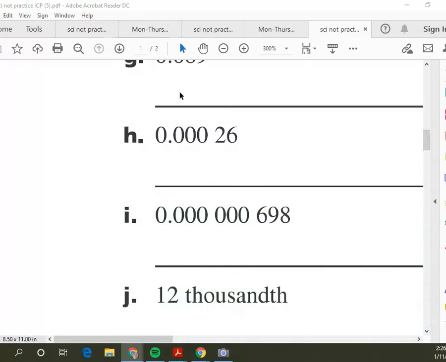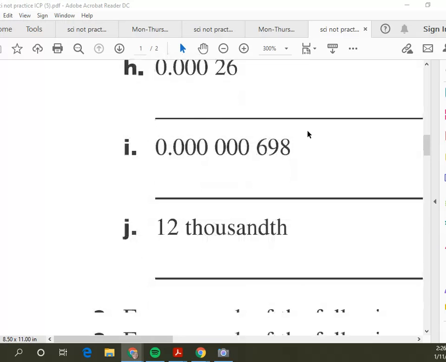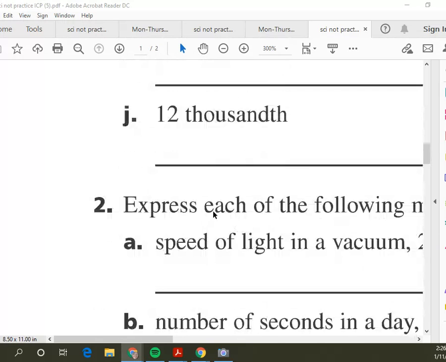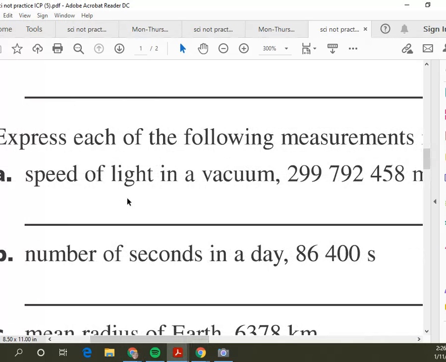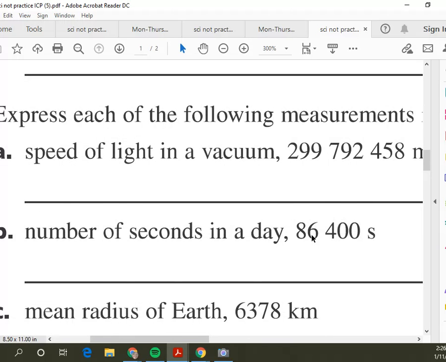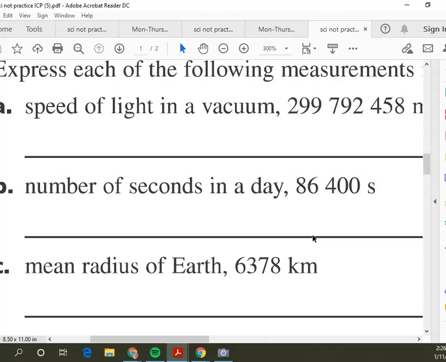All right. So in the worksheet that you have, you were supposed to finish to J. This next number 2 is doing exactly the same thing. It's just that you're given, it's kind of like a word problem. You're given some measurement, and you have to do that same process. So we're going to skip that for right now.